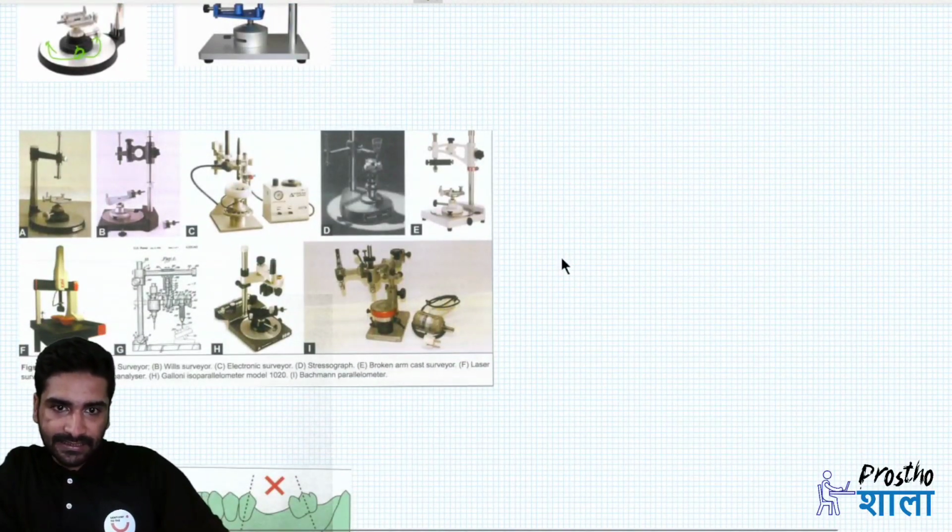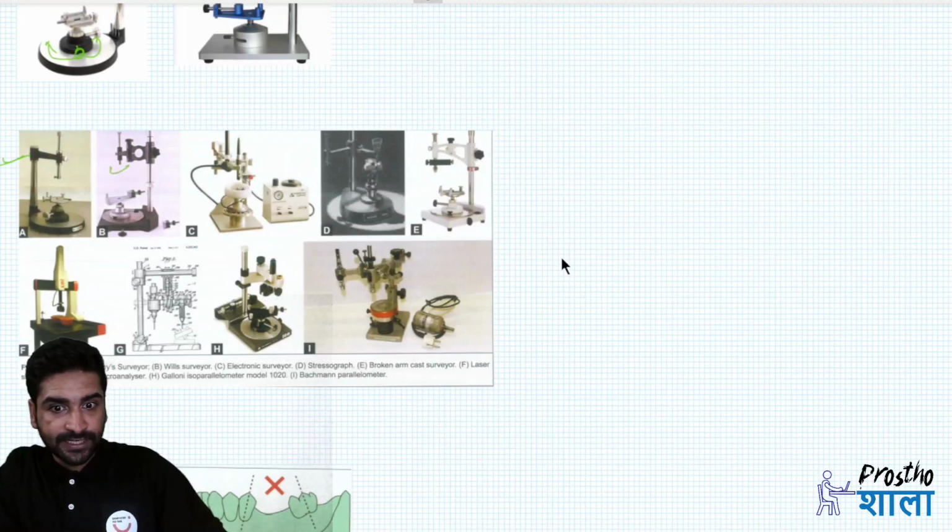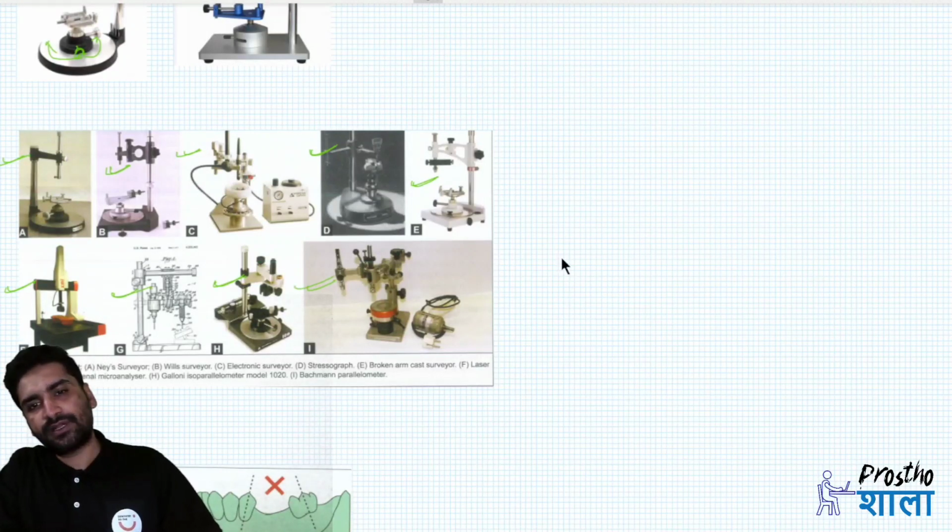These are the various types of surveyor designs. If you see, this is Ney surveyor, second is Wills, third is your electronic, then you have a stressograph, you have a broken arm surveyor, laser, then Galoni isoparallelometer, Bachmann's parallelometer. So these are different.